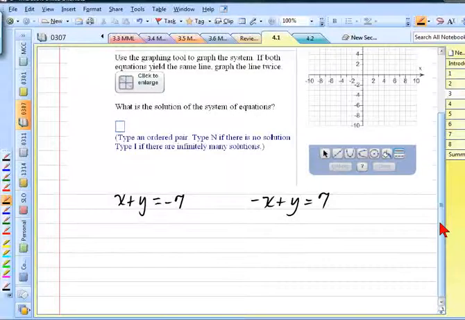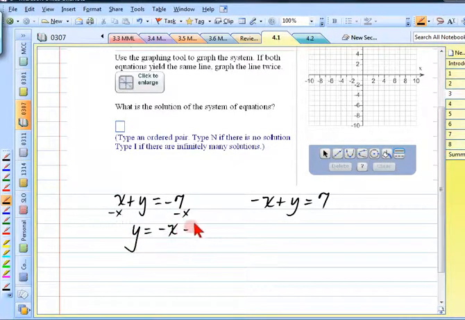What do I need to do? Do y'all want me to use slope-intercept? Okay, let's subtract x from both sides, and I get y is equal to negative x minus 7. Where will I begin? Yes, on the y-axis. And my slope is what?